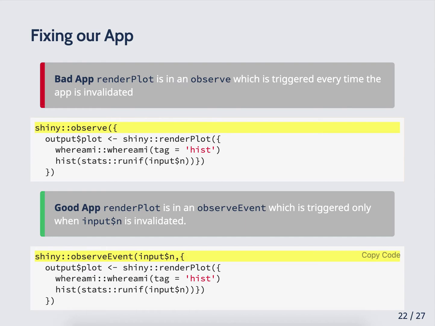So our app can be labeled as a bad app because it's not doing what we intended or what we wanted it to do. Why wasn't it doing what we wanted it to do? Because we were using the wrong function for the observe.